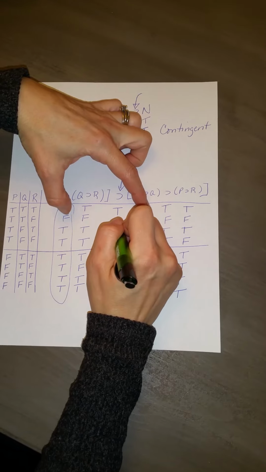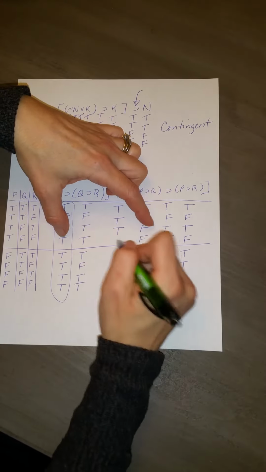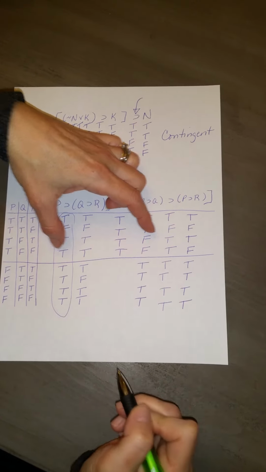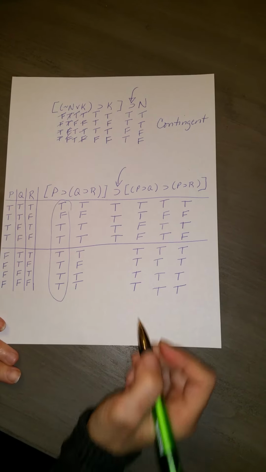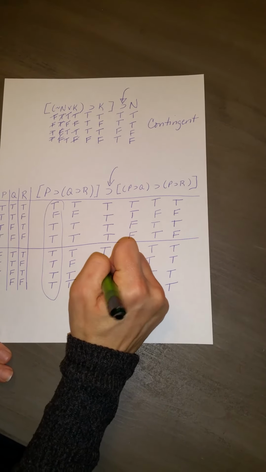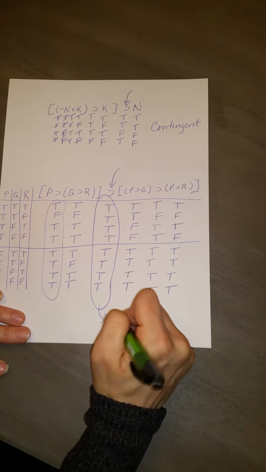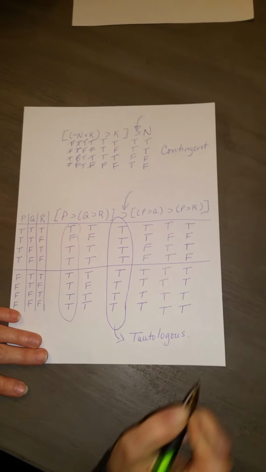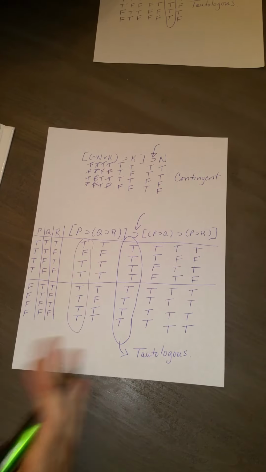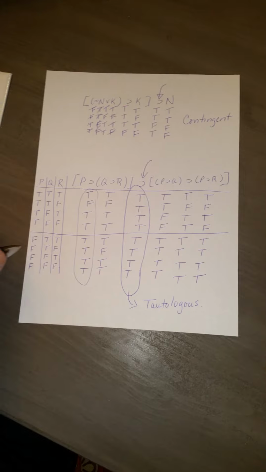False horseshoe false is true. True horseshoe true is true. Once again, true. And then all of these down here are true, and we know true horseshoe true is true. So this is the column we need to look at, and once again, this one is tautologous. So that means a tautologous statement, again, is one in which no matter what combination of truth values you have, the entire statement is true.